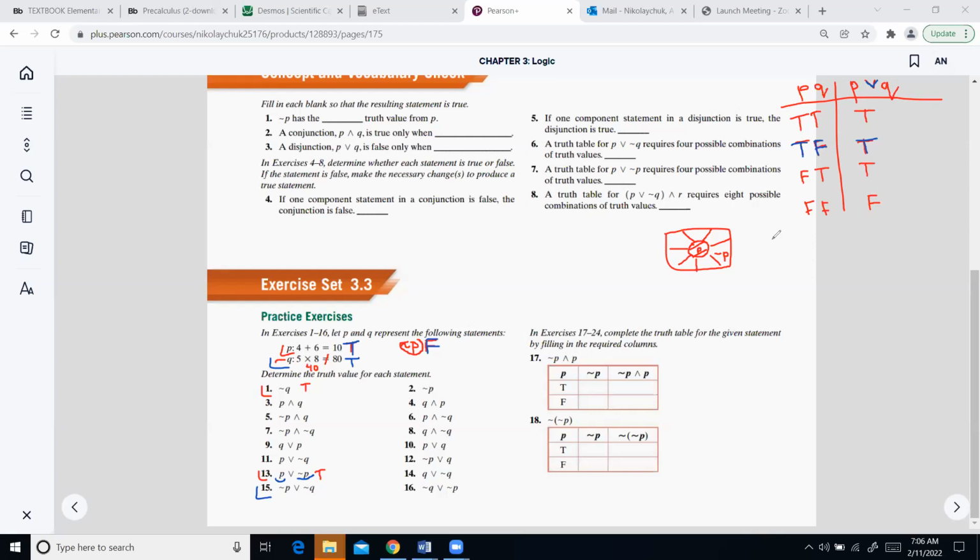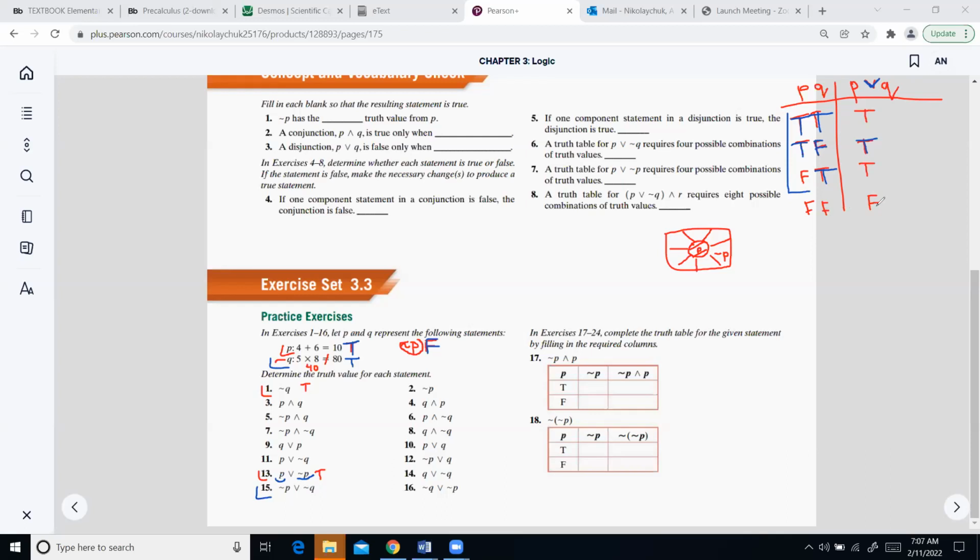Please notice that if you already have a true statement present, then the result is going to be true, because in my definition for the disjunction, once either they both are true or just one of them is true, the result is true.